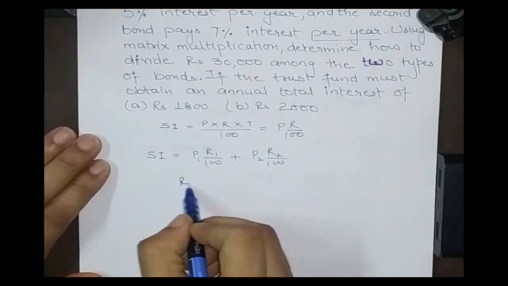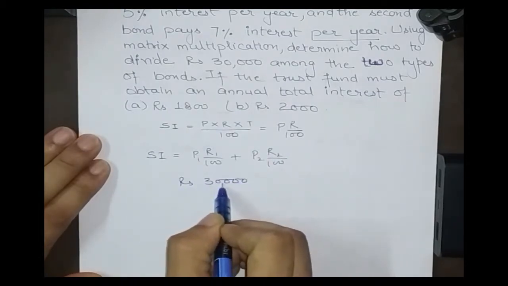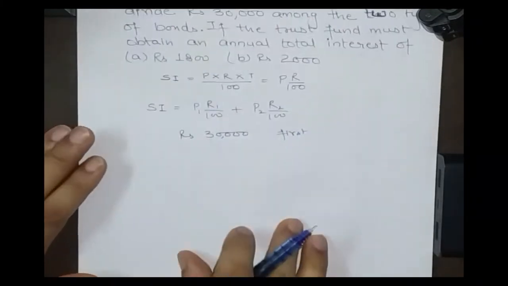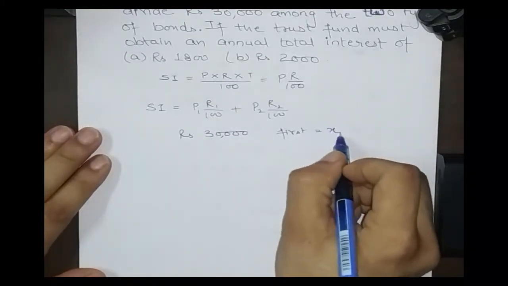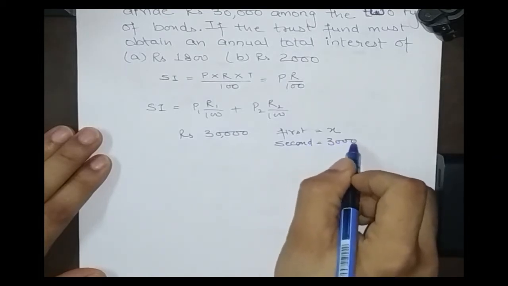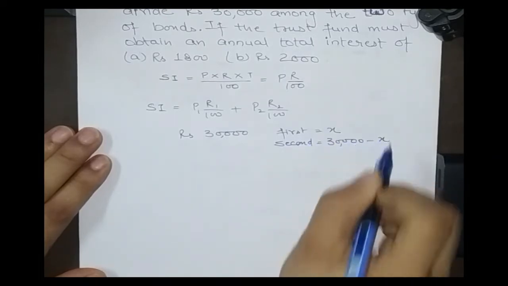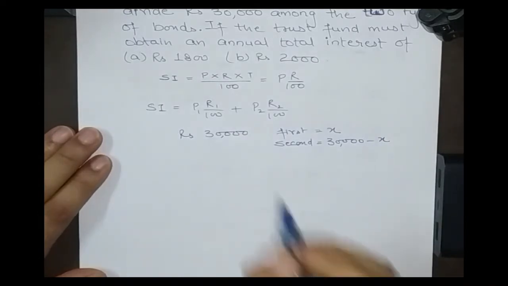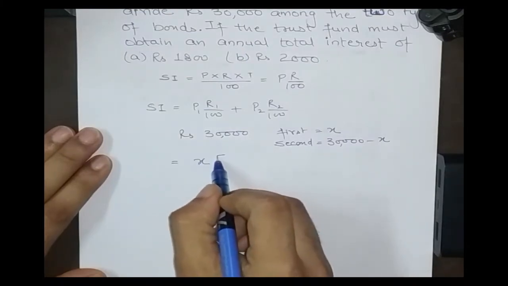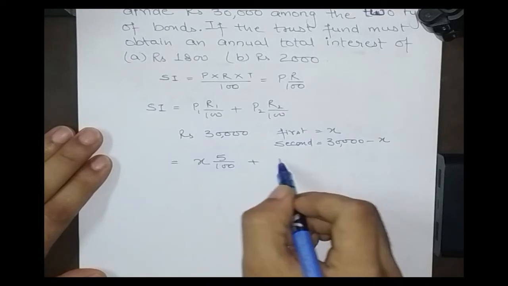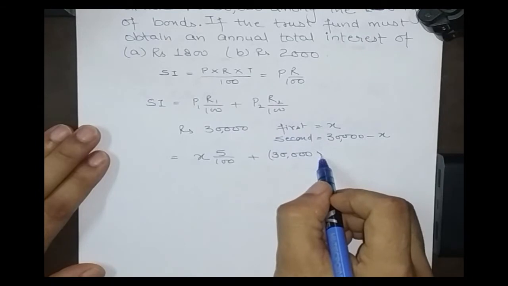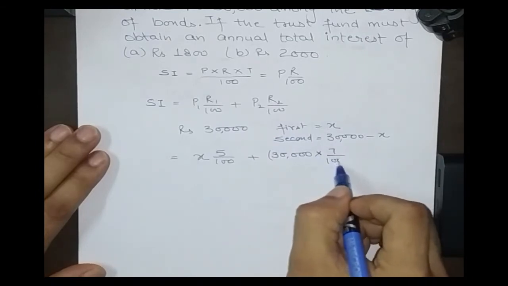Here rupees 30,000 is to be divided in two parts. So the first part should be X and the second part should be 30,000 minus X, and the formula will become X on 5% per annum and 30,000 minus X on 7% per annum.